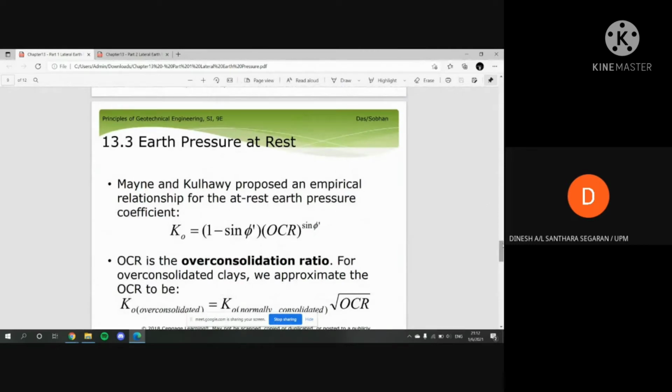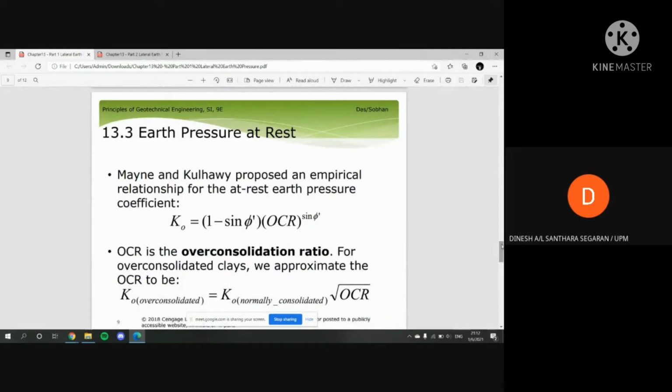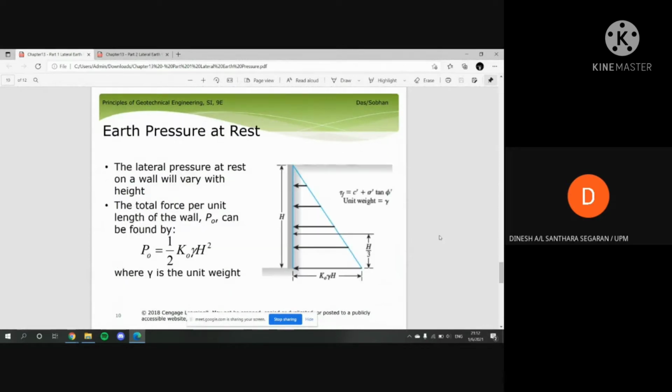I think this is another formula to identify the coefficient of lateral earth pressure.